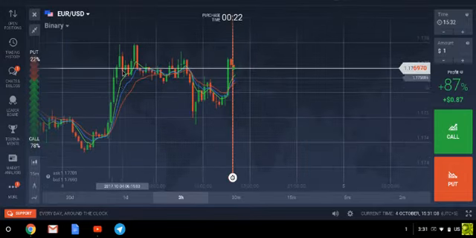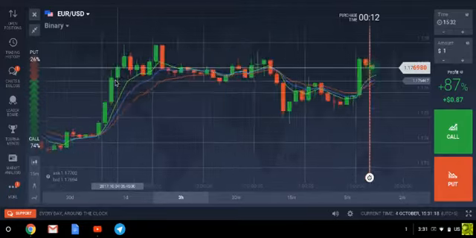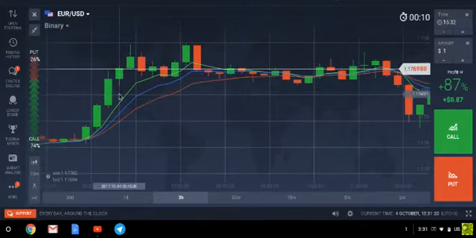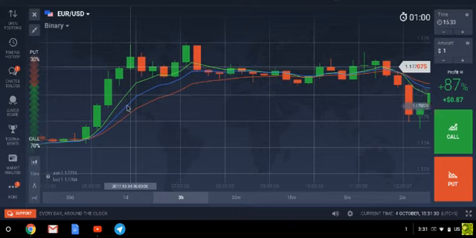One more thing, you also have to see the distance between the candles and the moving average. If I take this particular candle, you can see there's a big difference between the EMA and where the candle is forming. So I'll not trade on this market because it can come down anywhere.